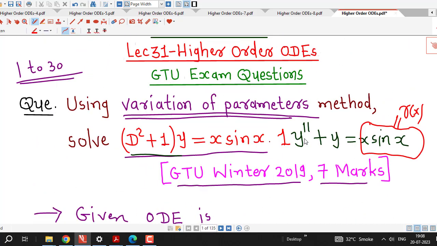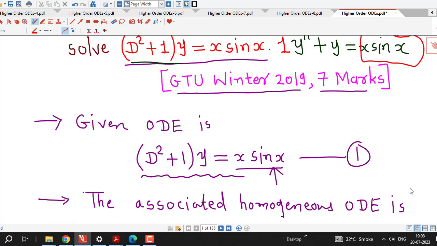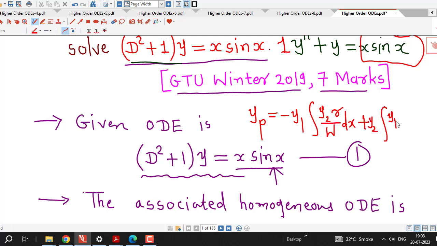If you have a second order differential equation, you have to remember this formula for particular integral: yp equal to minus y1 times integral of y2r over Wronskian with respect to x plus y2 times integral of y1r over Wronskian with respect to x.